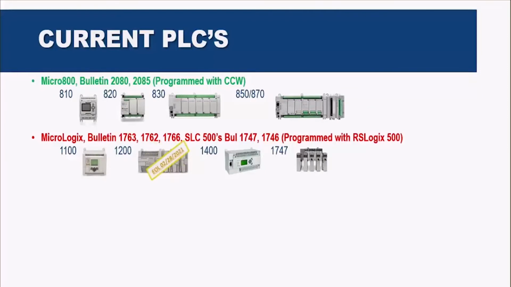Now I say that, but the 1200 has been announced for 2021 end of life. So if you have any MicroLogix 1200s, please give us a call. We'll help you out. Then also, as I mentioned earlier, a little bit later, we expect 2023 to be the year we start losing the service of the SLC 500s.